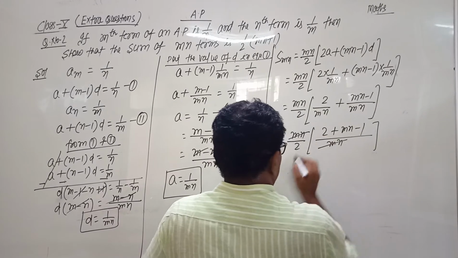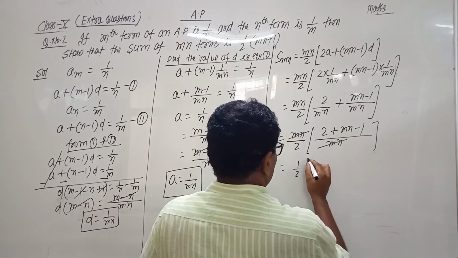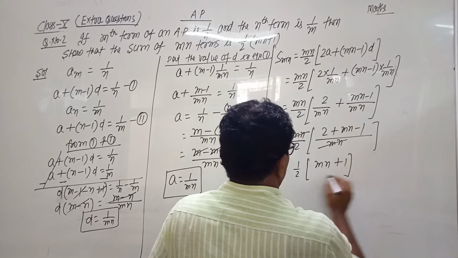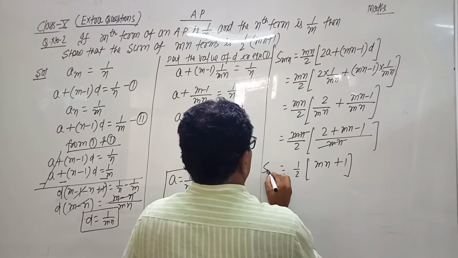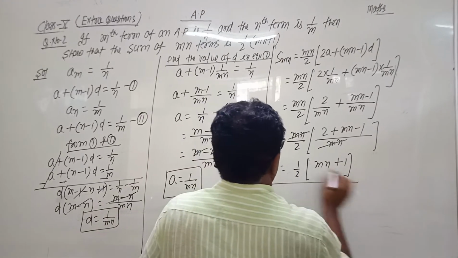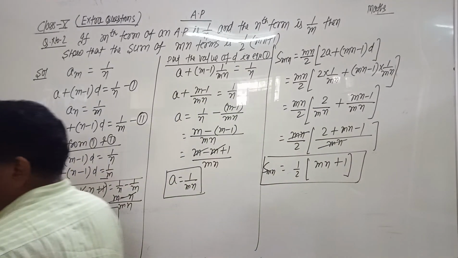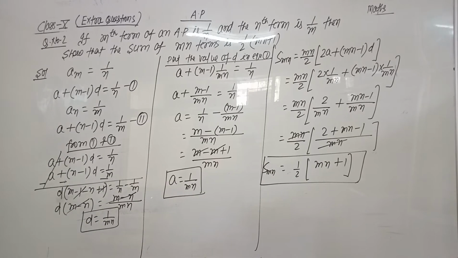So mn and mn cancel, and 1 by 2, and 2 minus 1 plus mn. So we get the sum of m into n terms is 1 by 2 times of mn plus 1.